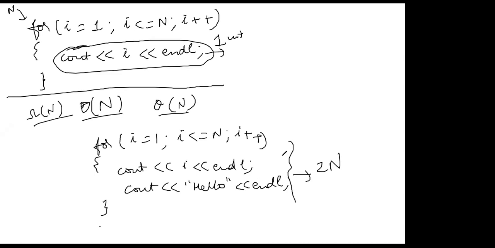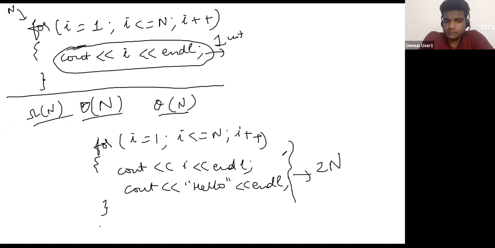Because the loop runs only n times. Okay, so what? Yeah, the loop might run n times, but it is a constant factor of n. So what does that mean?